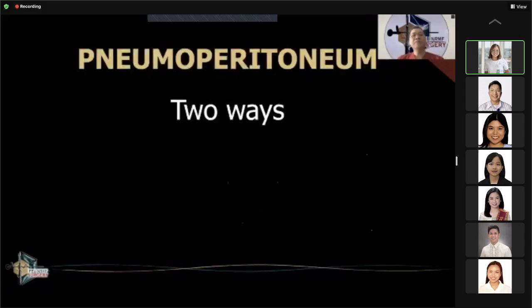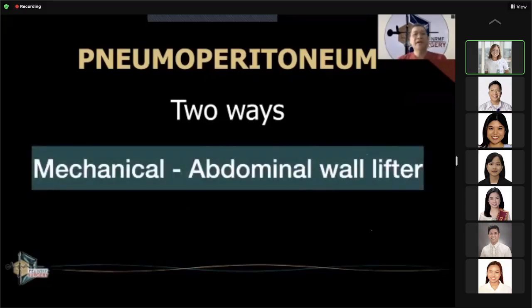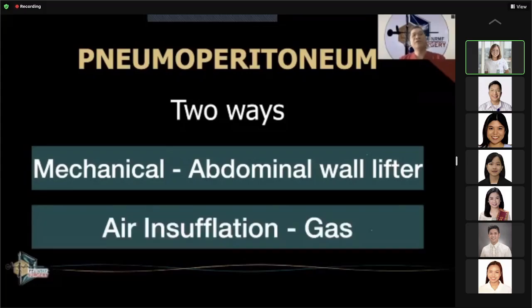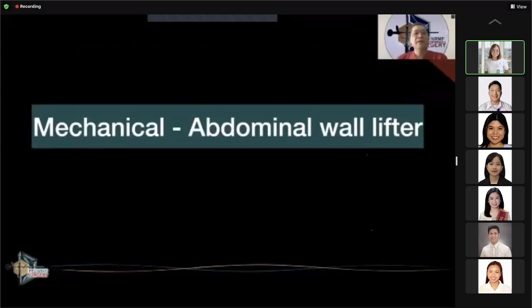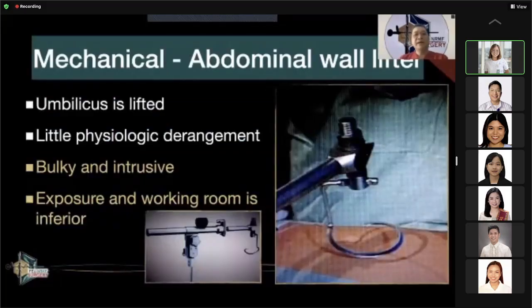Pneumoperitoneum, we mentioned that you have to create a space, a working space, for you to perform the procedure. There are two ways: mechanical abdominal wall lifter and air insufflation, where you introduce gas. This is the mechanical approach, in which you have an abdominal lifter. Literally, you lift the abdominal wall and create a working space.